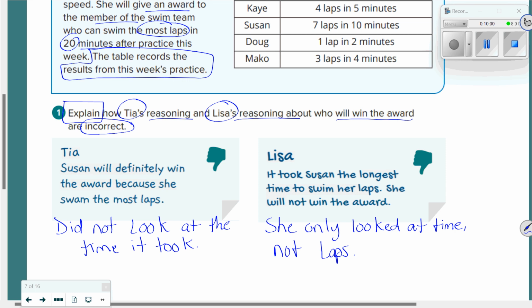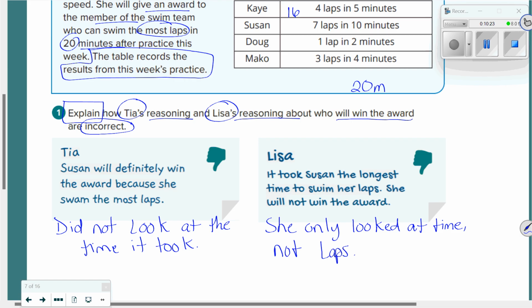So looking at this, who would win the award? K would win. Because if we make all of those equivalent ratios, what would our least common multiple be? 20. What would I multiply 5 by to get to 20? So 4 times 4 would be? 16.